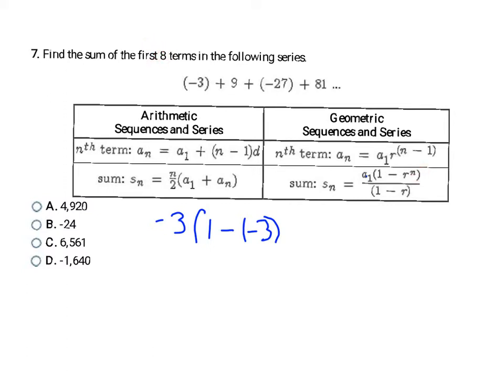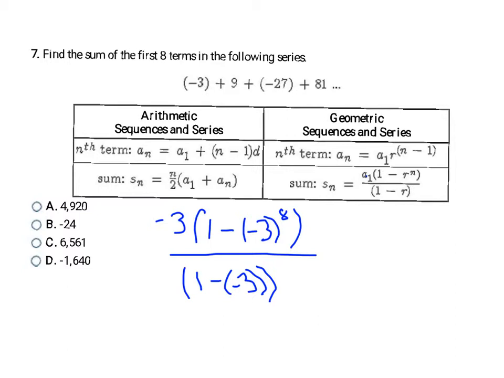So we're doing the first 8 terms, so this is going to be an 8, in parentheses. And then that's going to be over 1 minus, and then once again my ratio is still -3 because that's what I multiply each term by. And then I just simplify this.